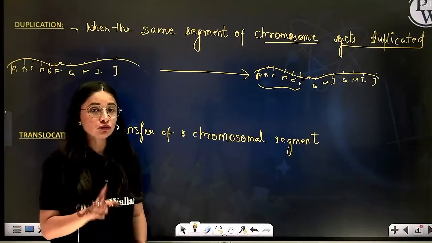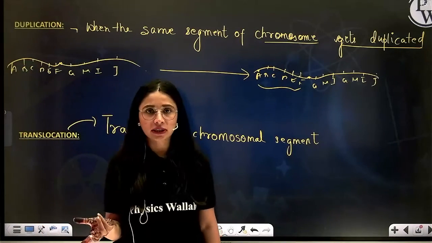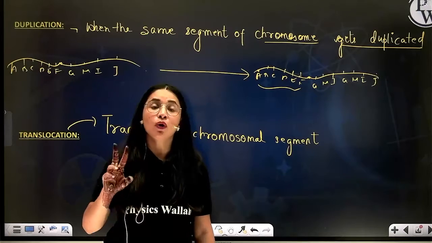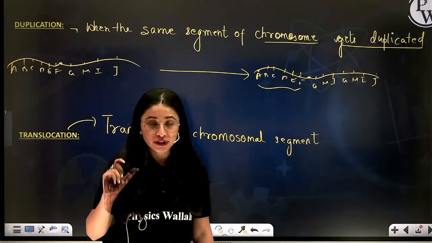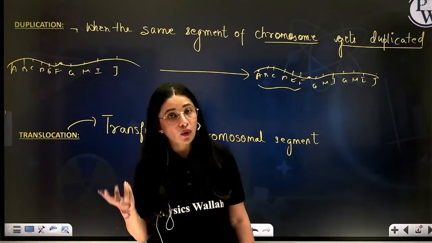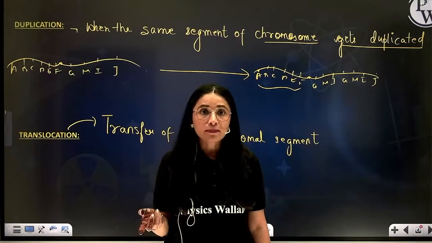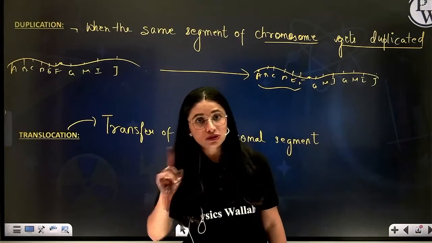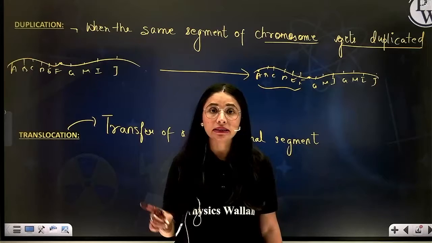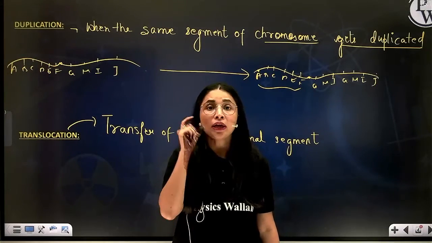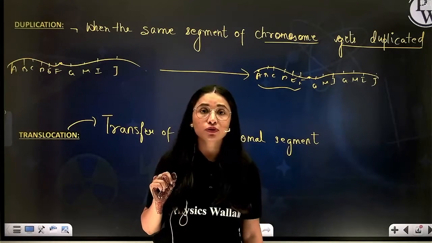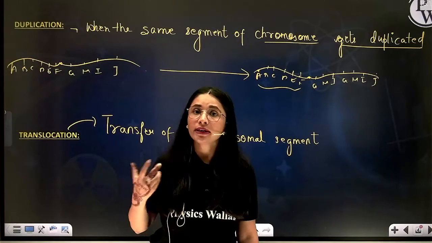Now, normally you know that there is transfer of genetic material between homologous chromosomes, which is called crossing over. Now, suppose the same transfer of genetic material takes place between non-homologous chromosomes, then that is actually a mutation.